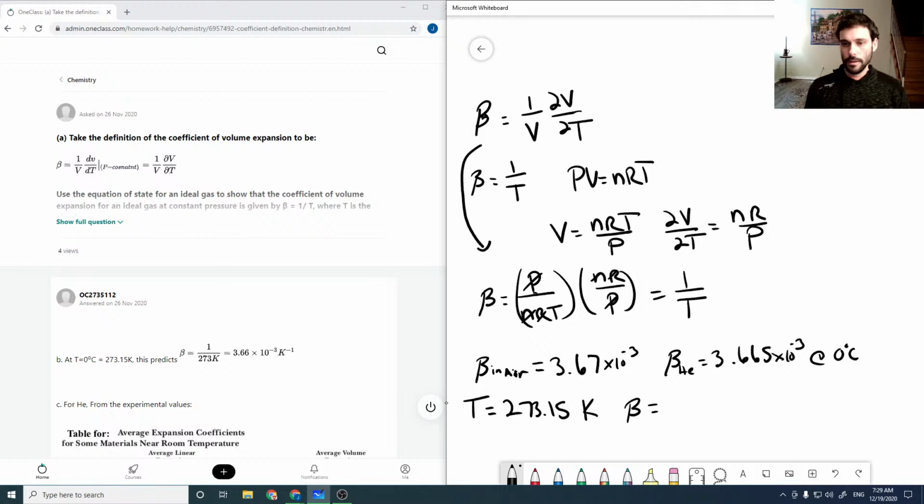So beta, regardless of the material or what it's composed of, is just this 1 over T. And that comes out to be 3.661 times 10 to the minus 3. And looking at these values for air and helium, I'd say it looks pretty good. So this simplistic derivation for our volume expansion coefficient works pretty well.